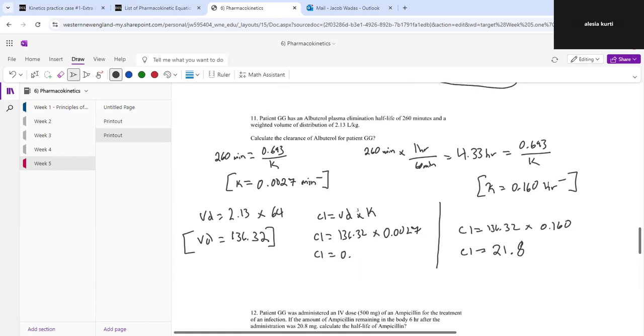It's liters per minute, liters per hour.